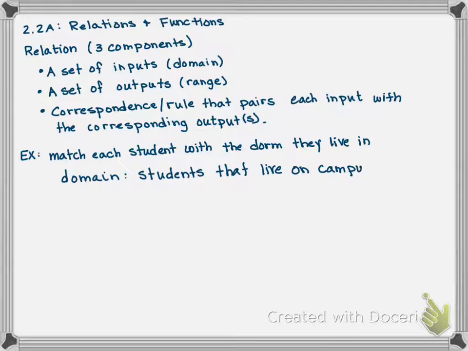And I'm glossing over the fact that there are a few places you can live on campus that aren't dorms, but let's just pretend that all the on-campus housing we're calling dorms. And then the output, or the range, the set of outputs, is all dorms on campus.